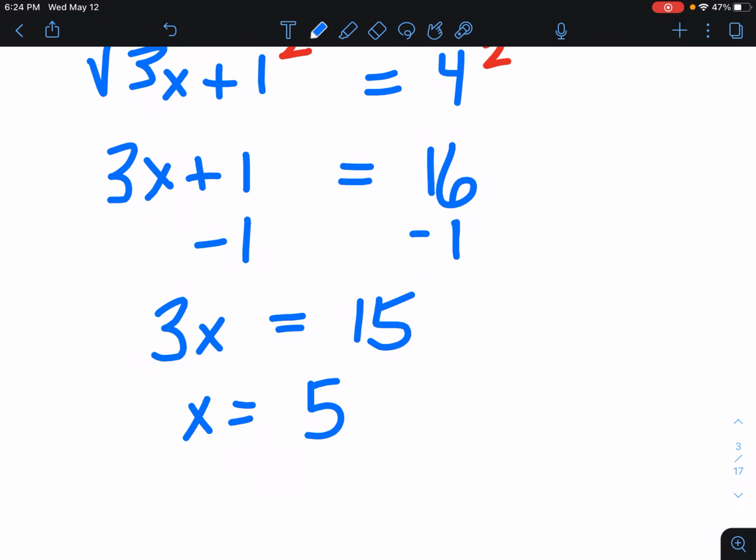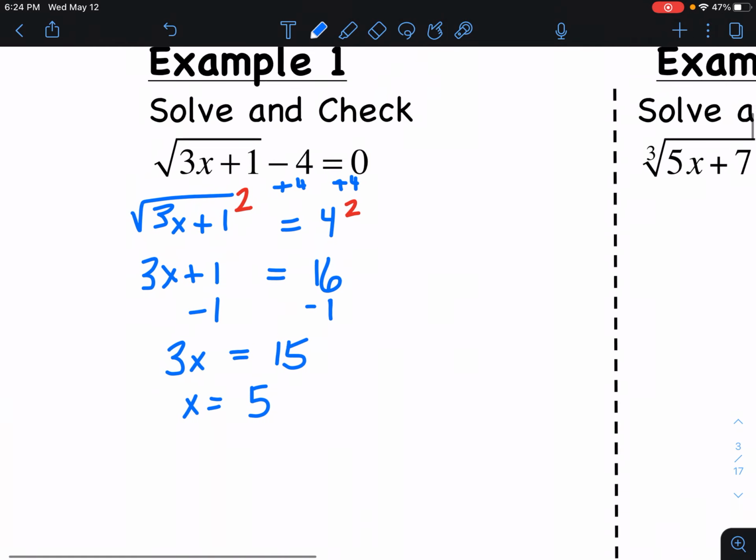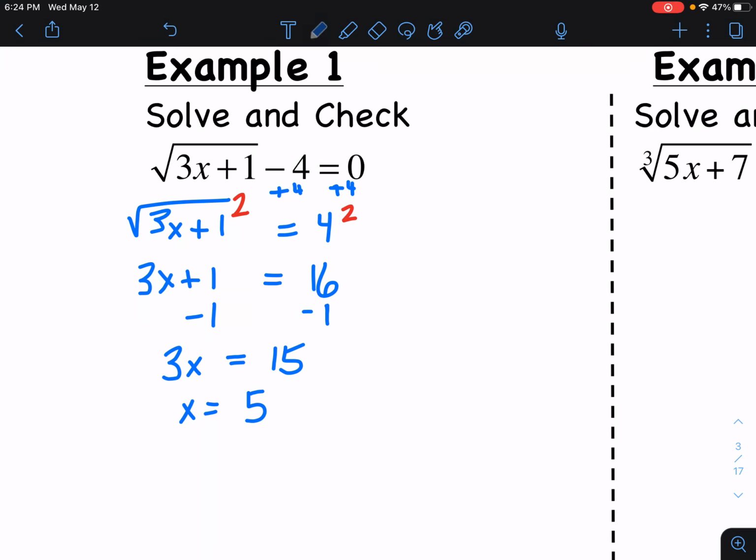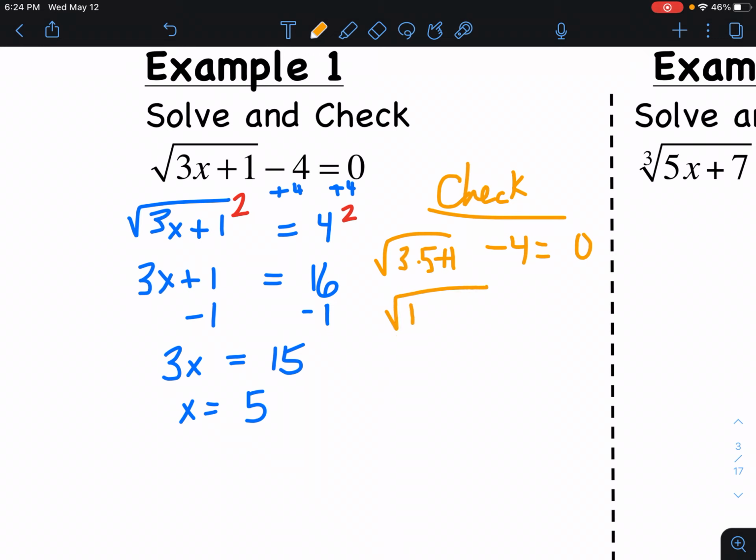Okay, we are going to check our answers, though, to see if 5 is definitely our answer. So we're going to put 5 in for the x into the original equation. So that'll be square root of 15 plus 1.